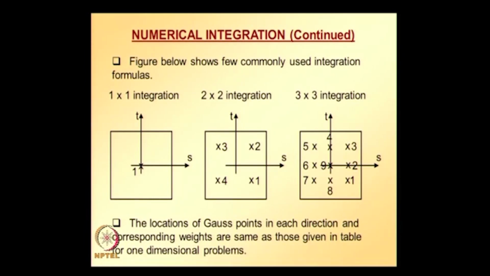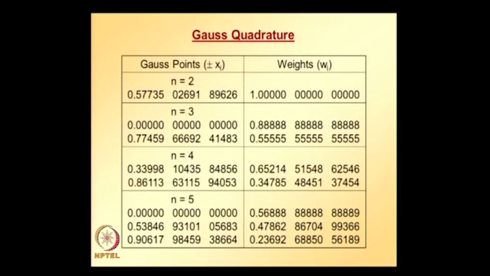So, now let us look at the table. Here the locations and weights for integration points 2, 3, 4, 5 are given in this table. For n equal to 1, the integration point location is 0 and the weight is equal to 2.